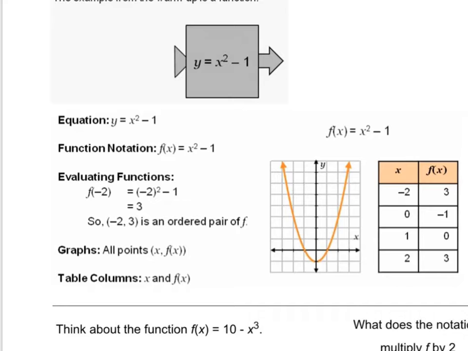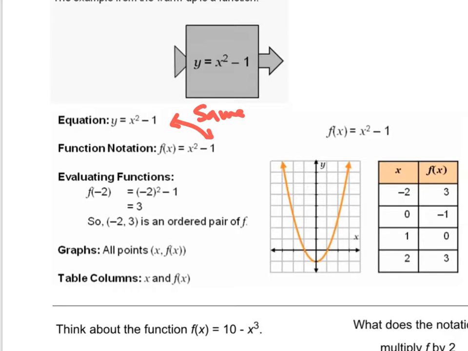I can write that in function notation, where you see f parentheses x parentheses, okay? To go from my equation to function notation, these things here are the same thing. They're just written differently.